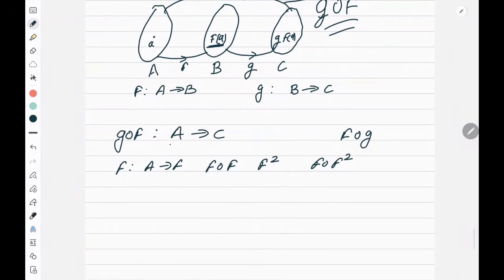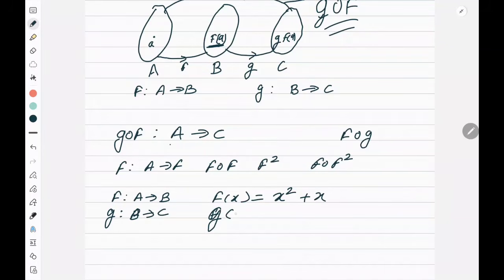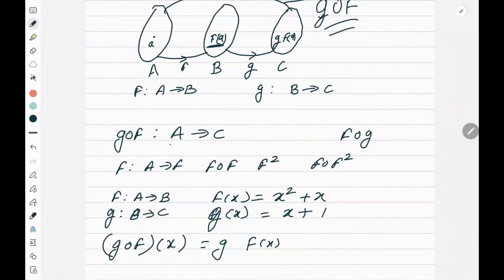First, suppose I am defining a function f from A to B such that f(x) is equal to, say, x square plus x. And I am defining a function g from B to C, and that function g(x) is equal to, say, x plus 1. Now if I am finding g∘f of any element x, it will work like this: g(f(x)).